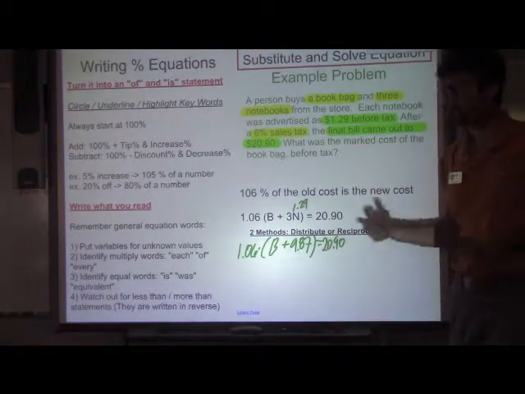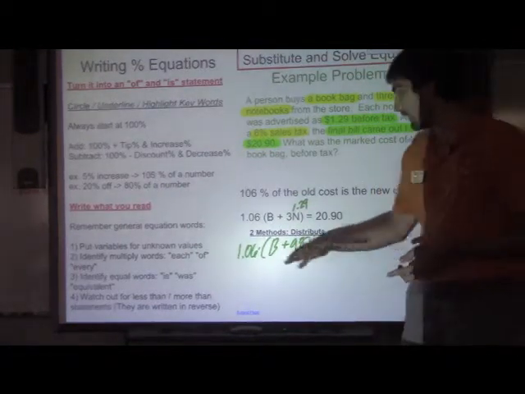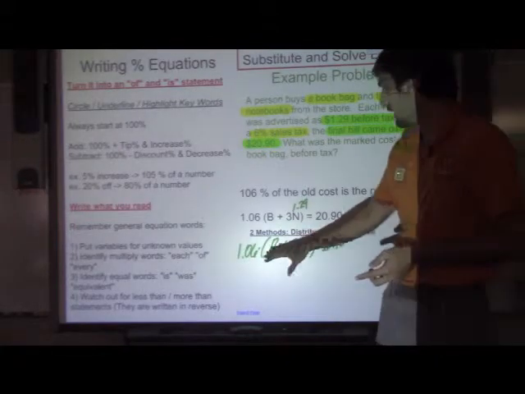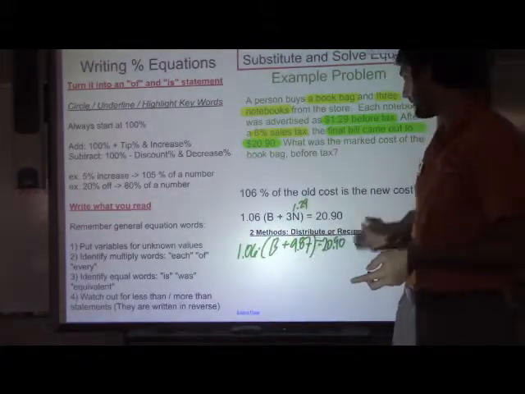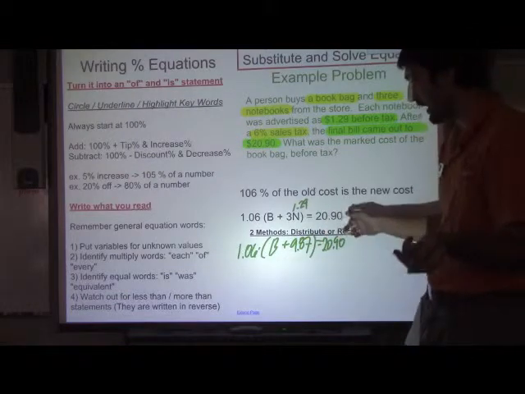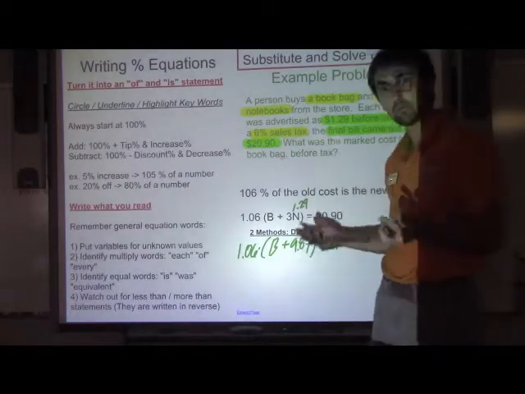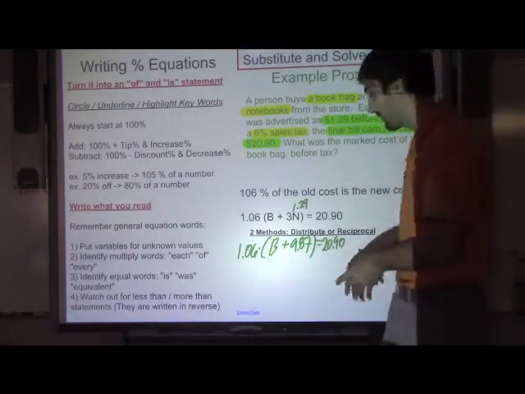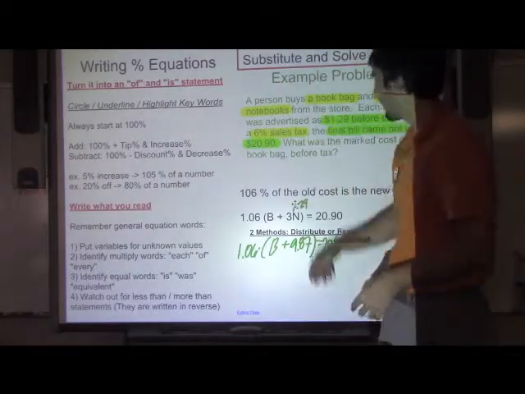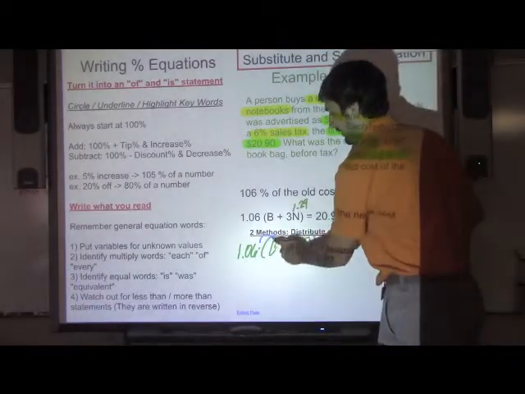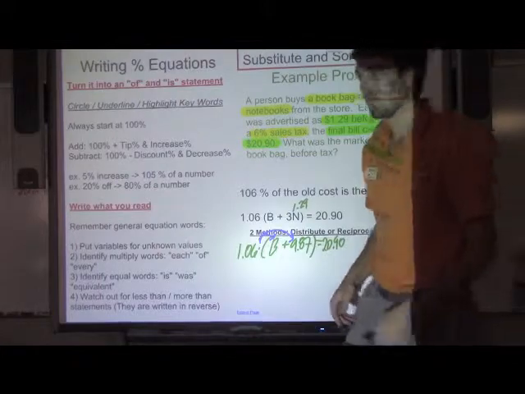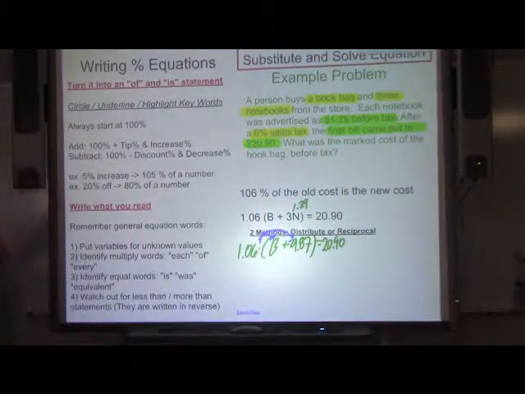The first way is simply distributing. That's the most common way people would do this. Normally when you see parentheses, you want to distribute. So I would just multiply that out. Let me get a calculator real fast.